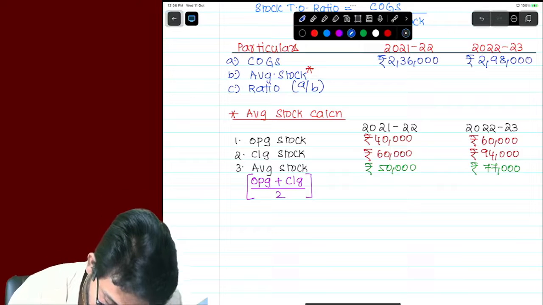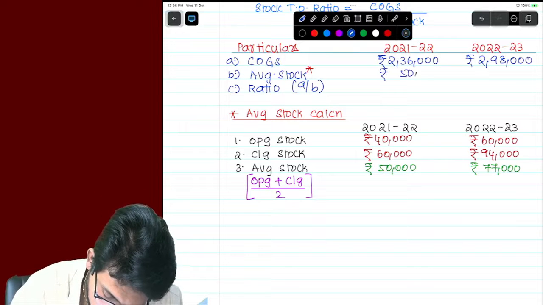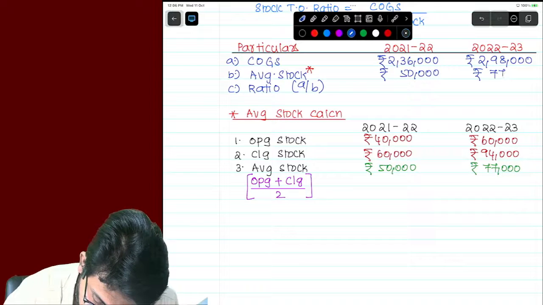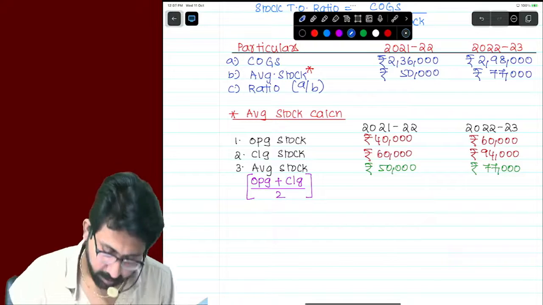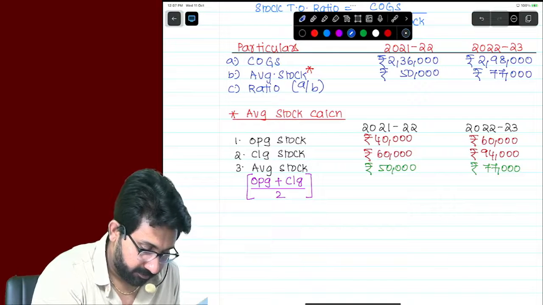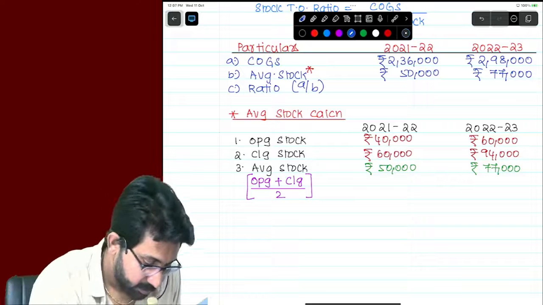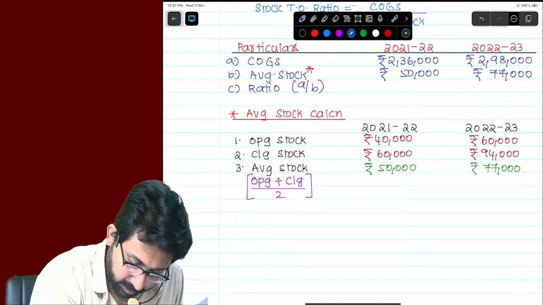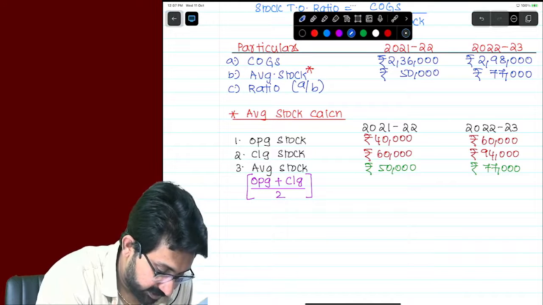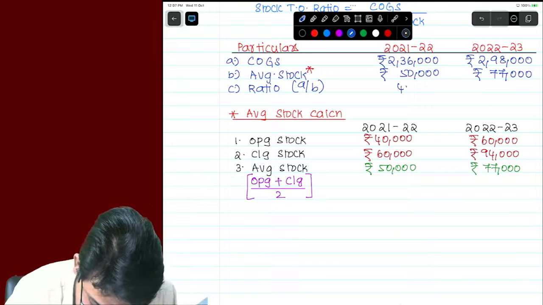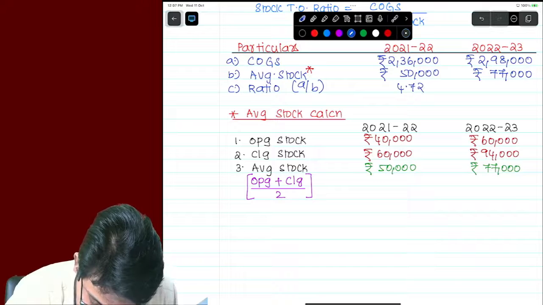Average stock 50,000. Ratio, 2,36,000 divided by 50,000. How much? 4.72.